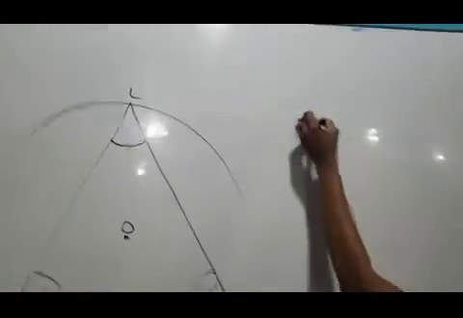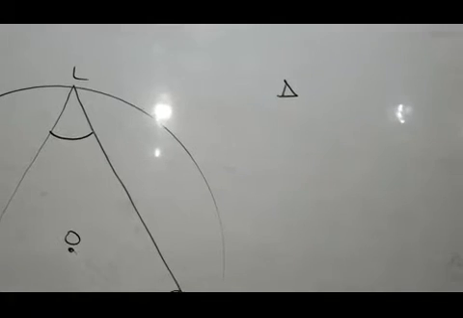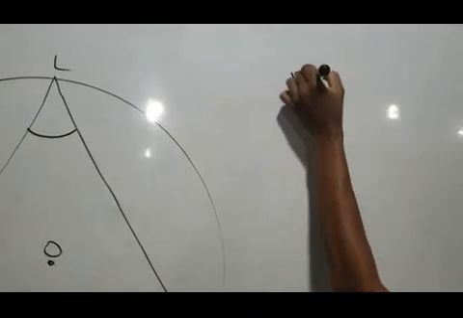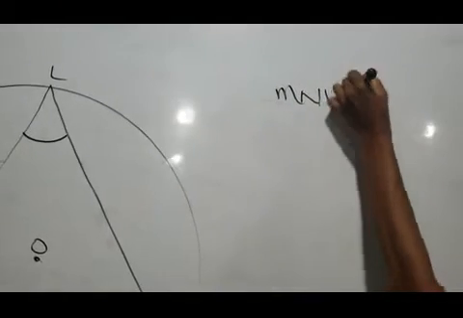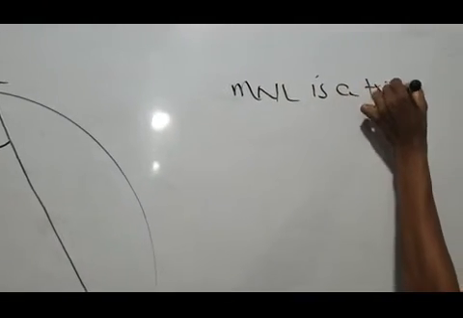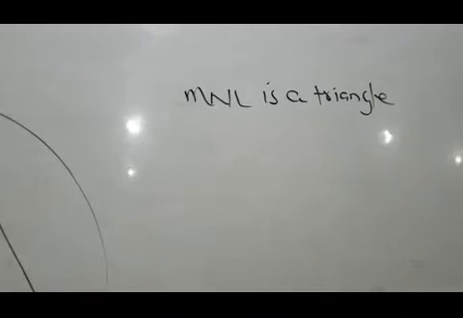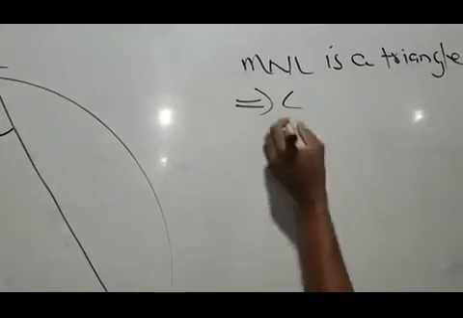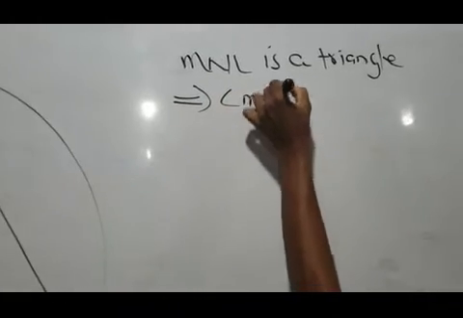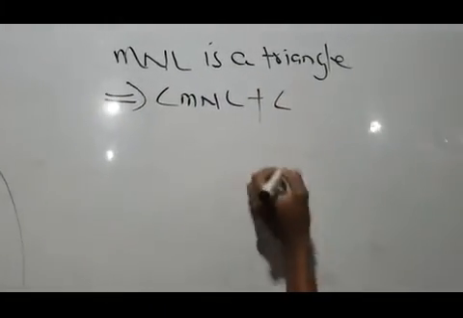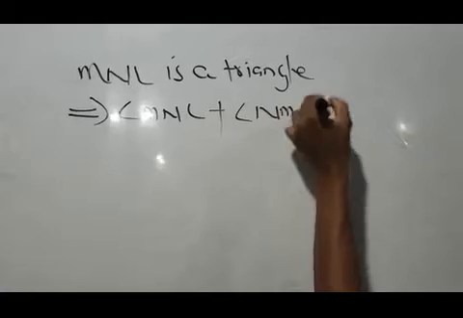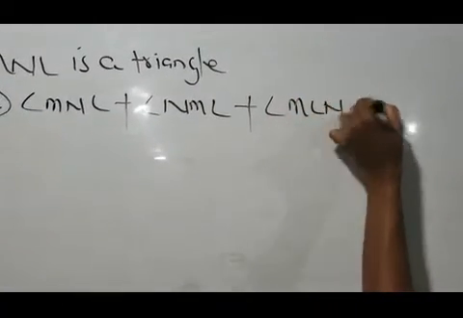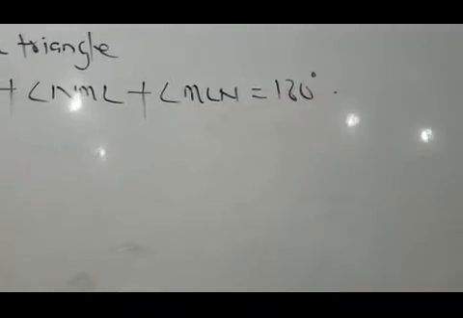So I'll say triangle MNL is a triangle. This implies the sum of angles, so angle MNL plus angle NML plus angle MLN should equal 180 degrees.